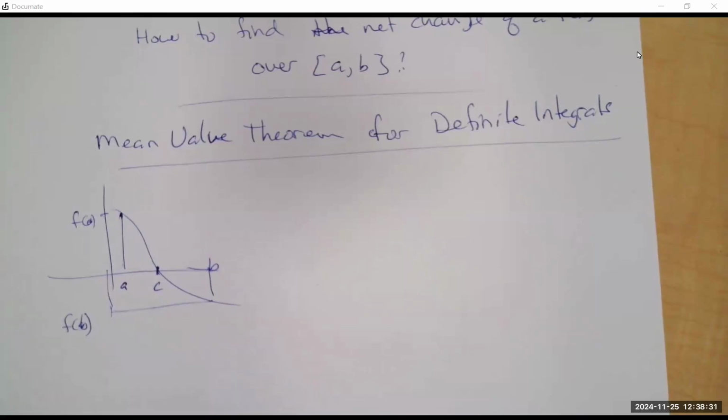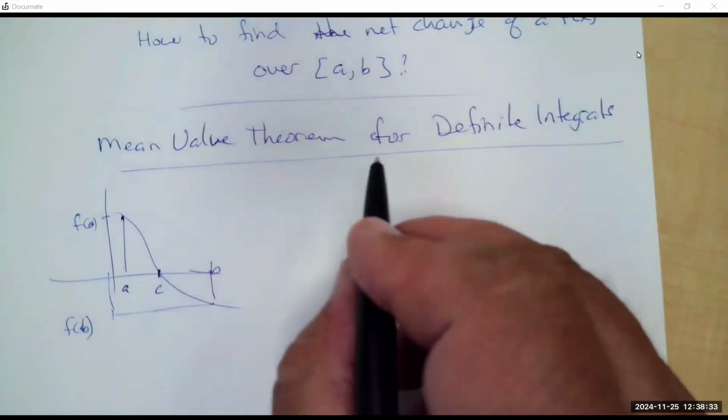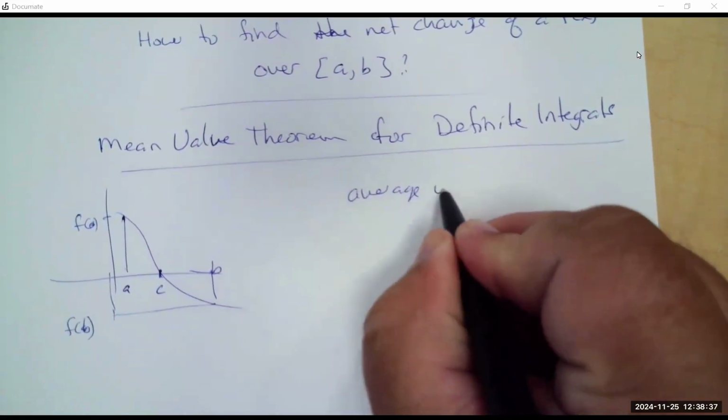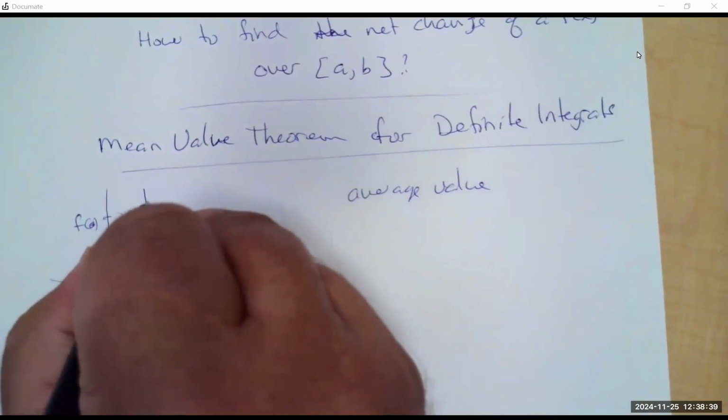That's the intermediate value. The mean value now goes for the average value. This is the intermediate.